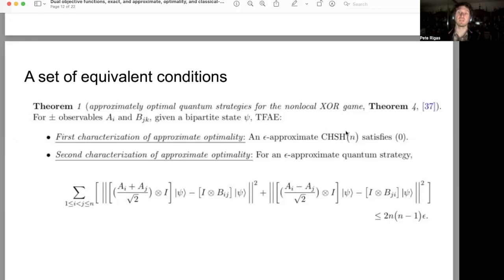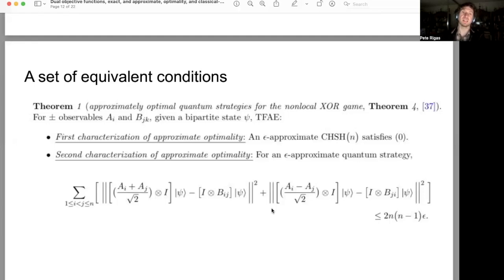So this is given by the first condition, which is saying that the first characterization of approximate optimality is given by the fact that we can look at an epsilon approximately CHSH of N game, which satisfies some condition relating to one of these inequalities, which is shown in another second inequality, which I'll provide on the second slide.